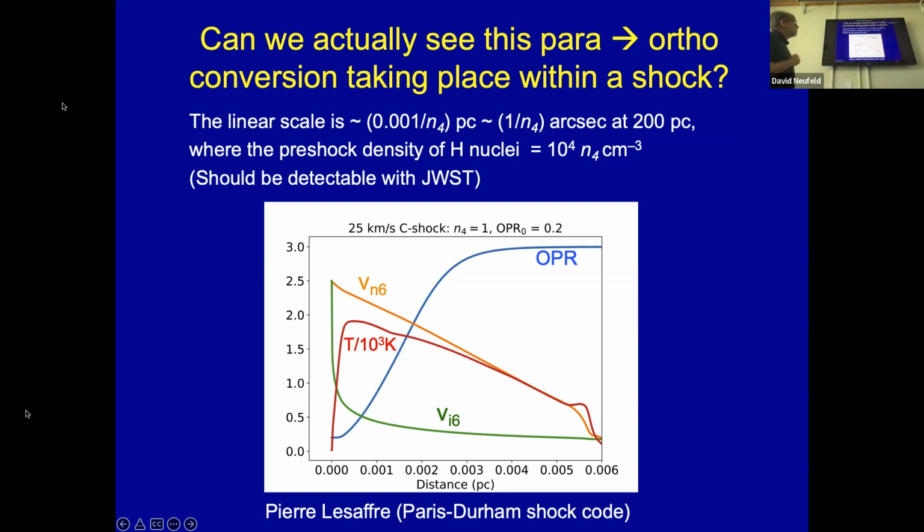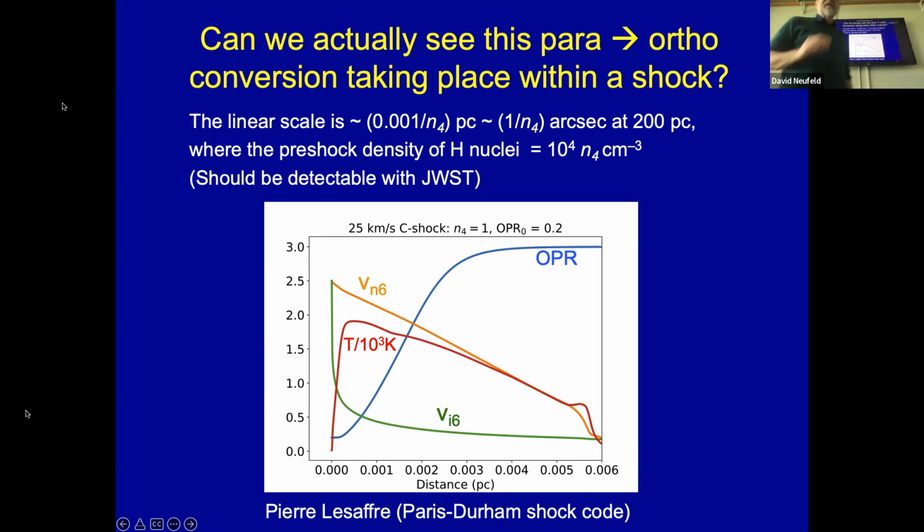This might be possible with James Webb, which will be by far the largest telescope that can see all of these transitions. And I'd very much like to try and look at that. But there's another way of doing it spectroscopically.